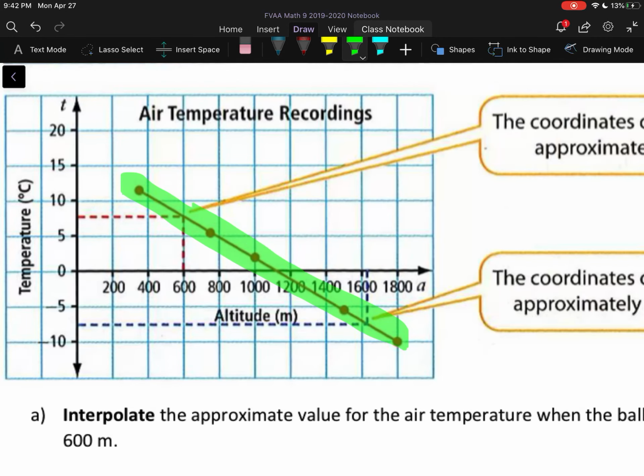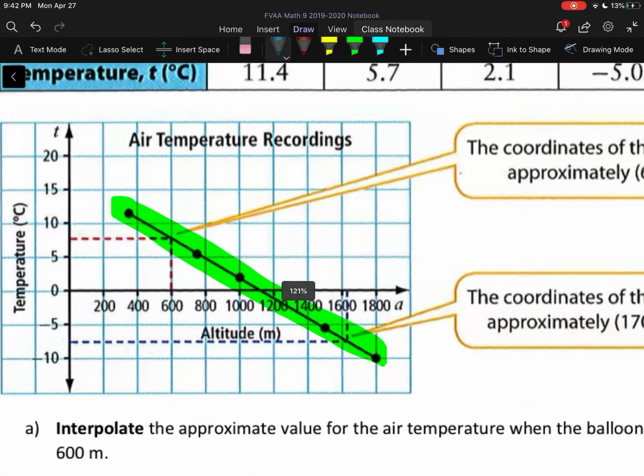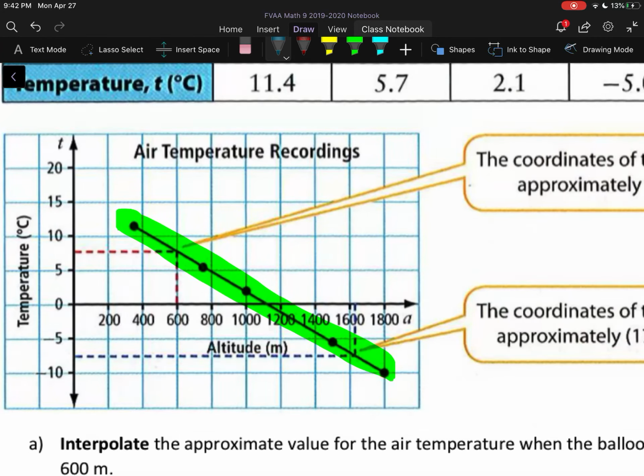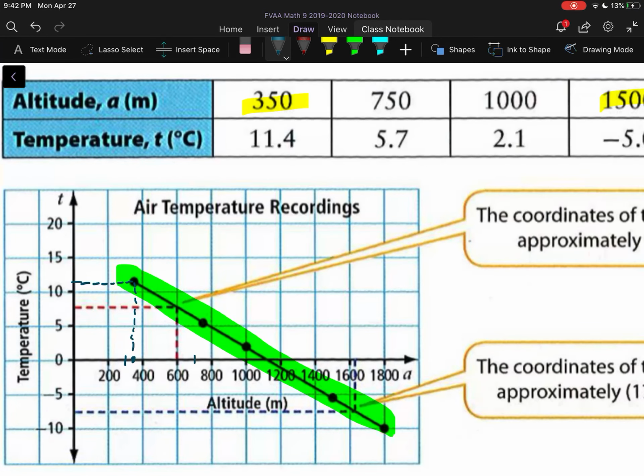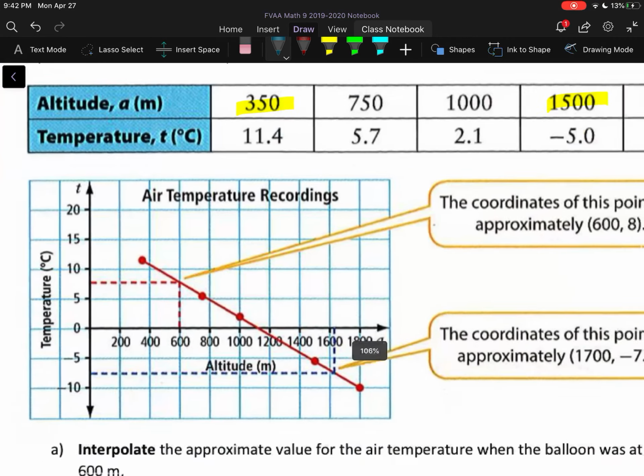If we were to map some of these out, the first one was 350, so 300 is here, 350 is here, and it had a temperature of 11.4, right? And so it gets us our first point. Second point was 750, so this is 750, gets us 5.7, right? So just a little bit. So you see how the points find their way to where they are in this graph.